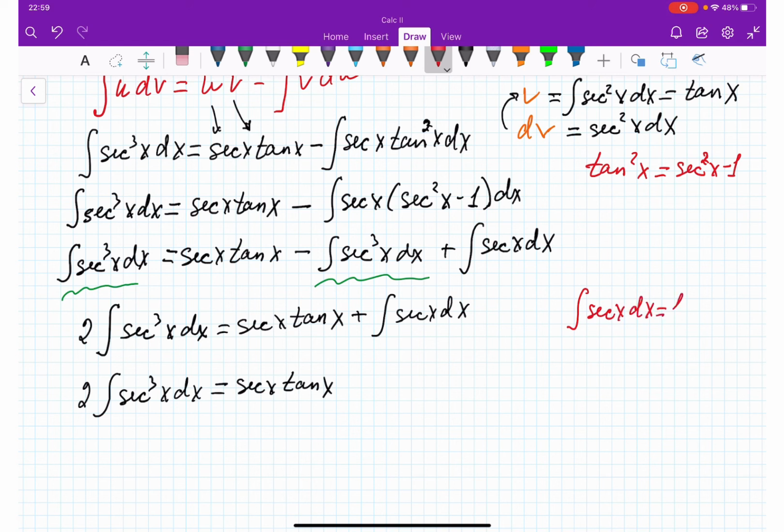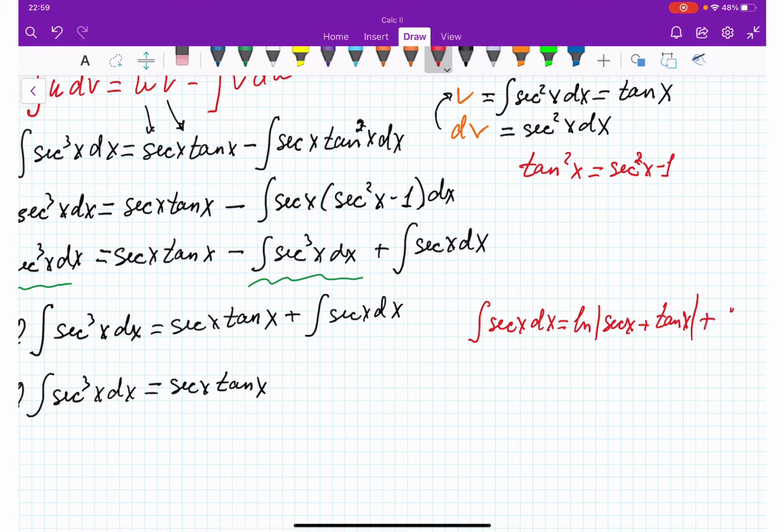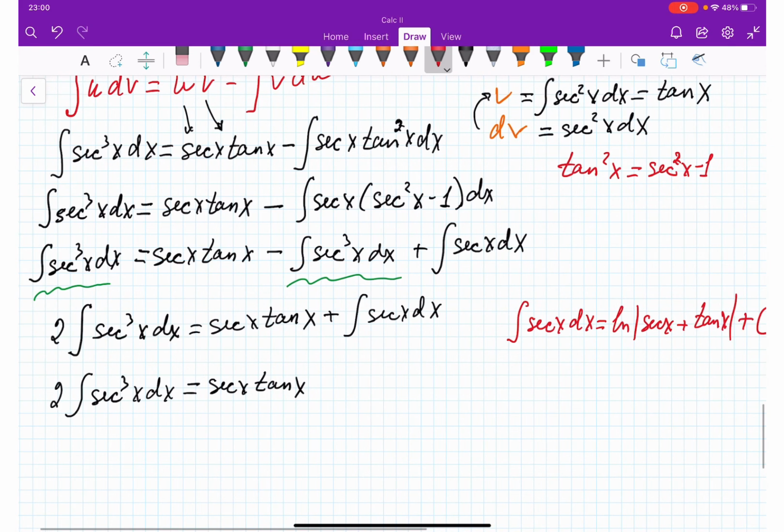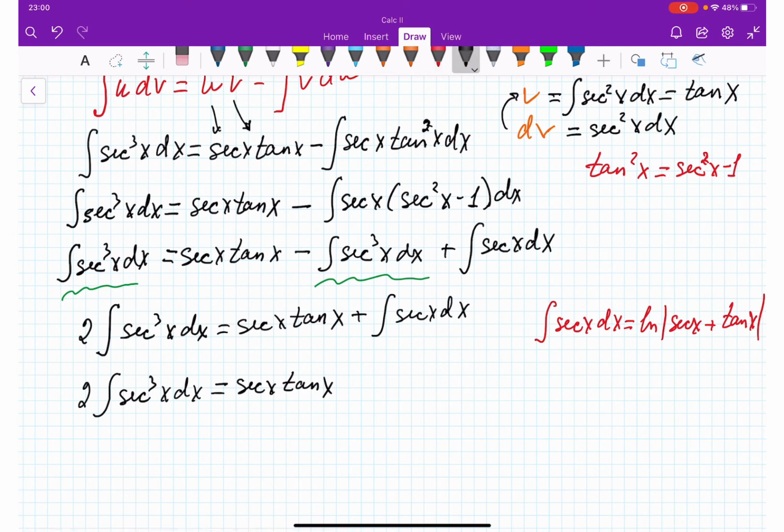It is equal to natural log of secant x plus tangent x, plus c.